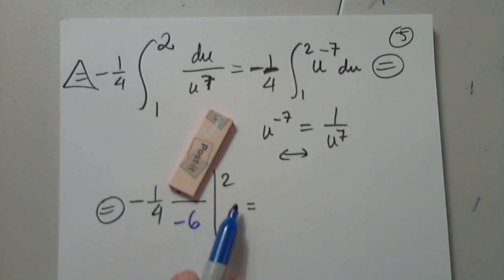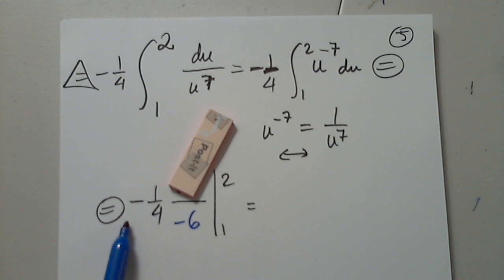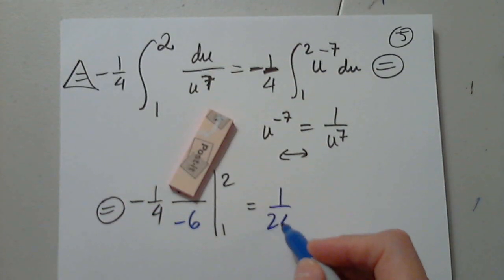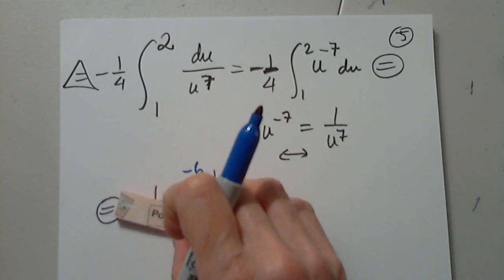We have to, by plugging in, multiply this. -1 over 4 times 1 over -6 is 1 over 24. Then I'm done with the numbers.